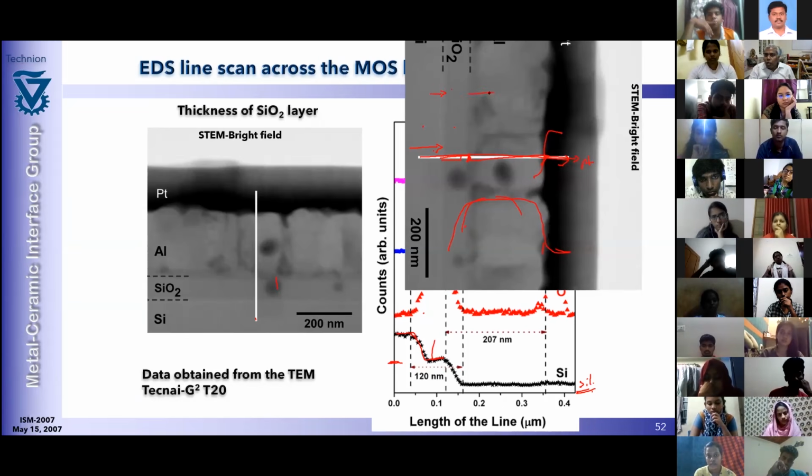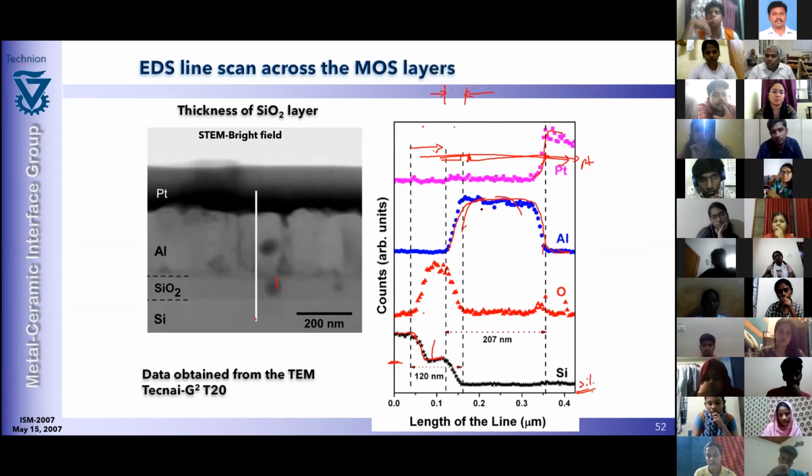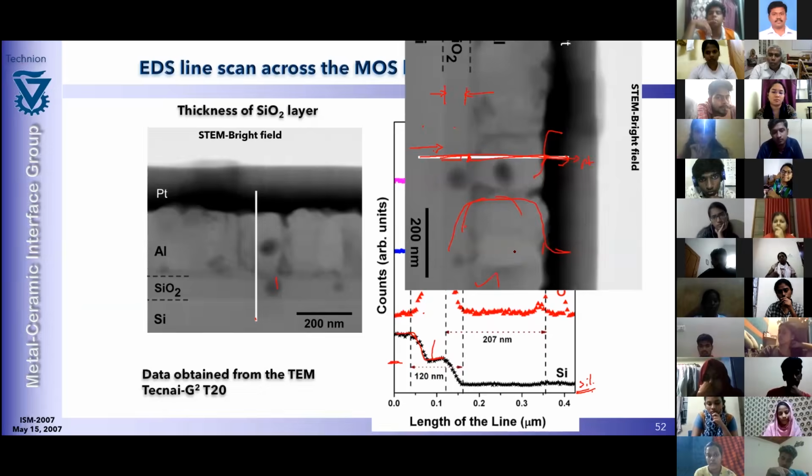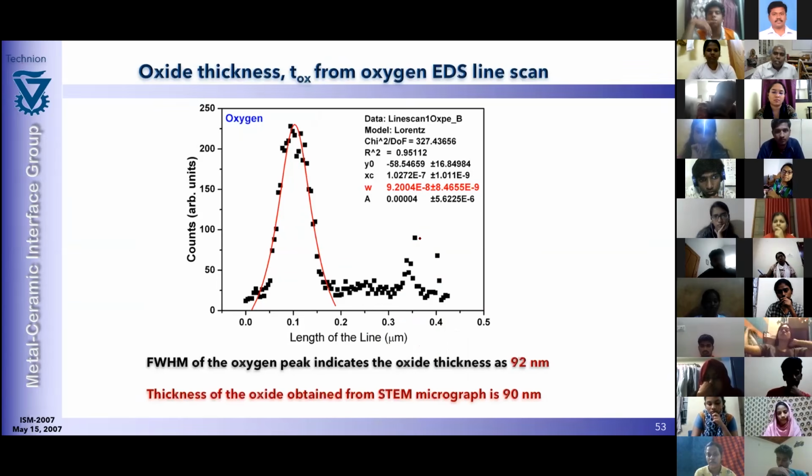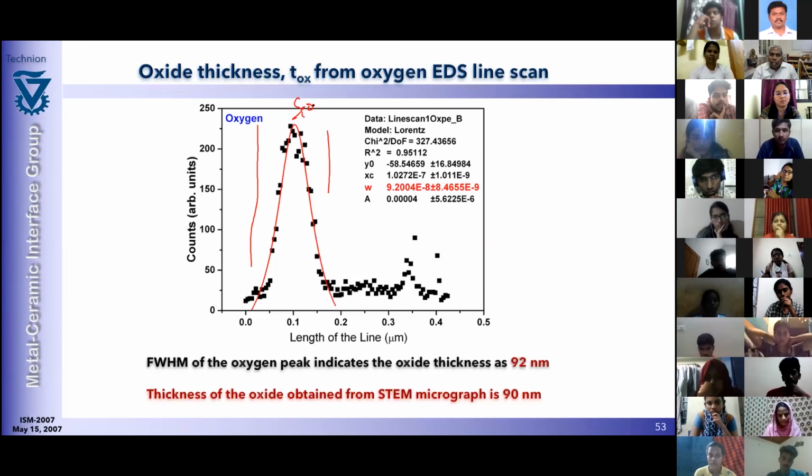So if I want to measure the thickness of this layer, I can use this spectrum. How? Let me show it in the next slide. This is the spectrum which is plotted, an oxygen distribution along this line. Oxygen is distributed only along the silicon dioxide layer. So I'm taking the oxygen EDS spectrum and fitting it with either Gaussian, mostly, or Lorentzian.